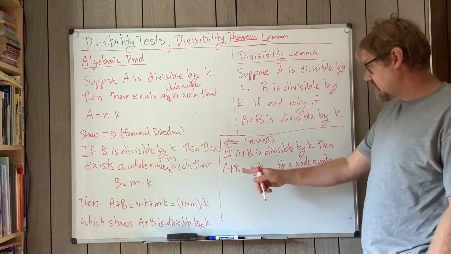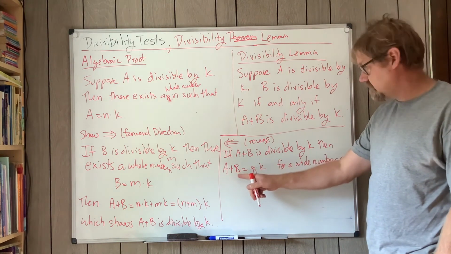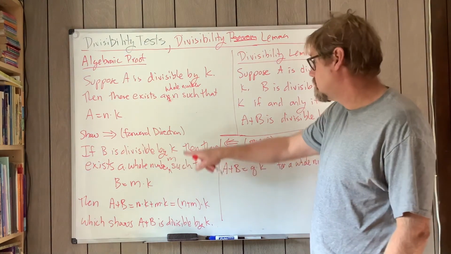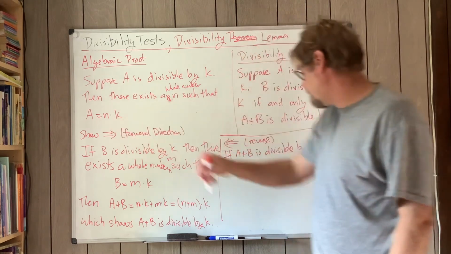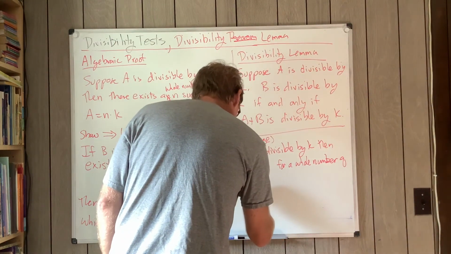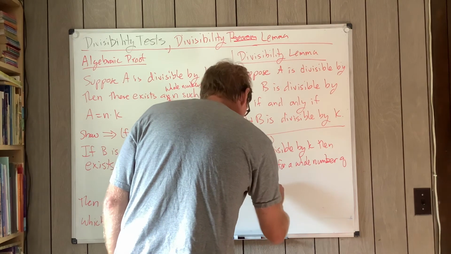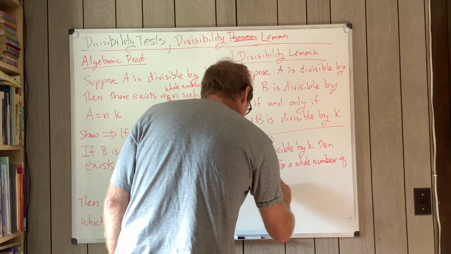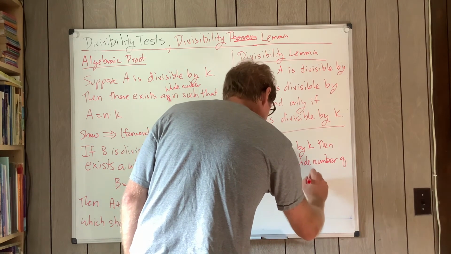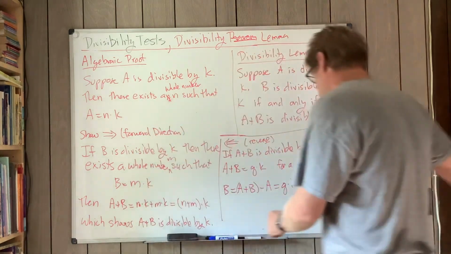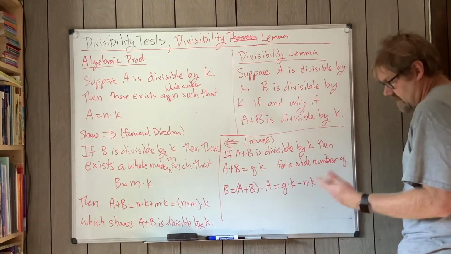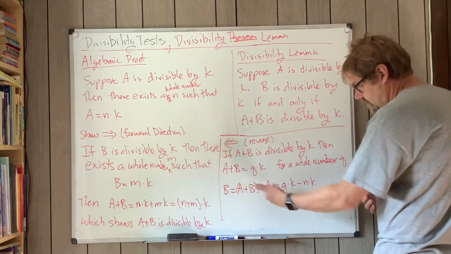And then how do I get B? I know what A plus B is, as that. I know A, I've already assumed it up here, A is this. So B is A plus B minus A. Kind of makes some sense if you just think about it, those things cancel.